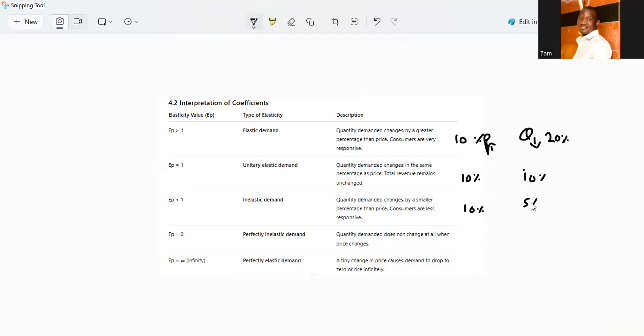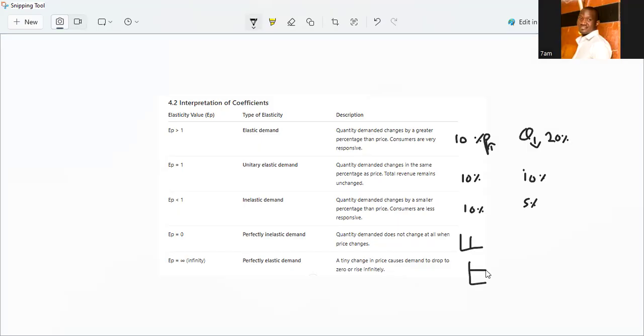If your elasticity of demand is zero, it's perfectly inelastic, meaning the quantity demanded does not change at all. So perfectly inelastic, the curve looks something like this. Perfectly elastic, the demand curve looks straight there. It is infinite. It means any tiny change in price will cause demand to drop to zero drastically, infinitely.